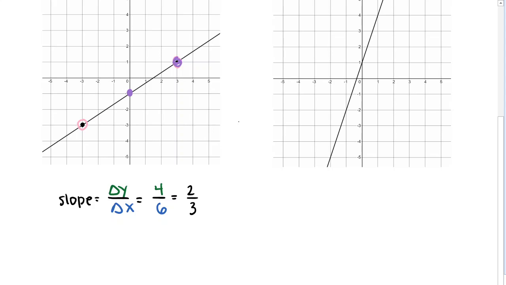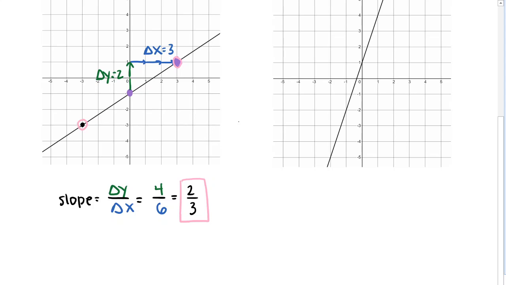Maybe you chose this point out here, 3, 1. Well, we can also see that this slope between these 2 points would be, well, there'd be a delta y of 2 and a delta x, a change in x of 3. And so we get the change in y is 2 divided by the change in x is 3. We'd end up with this same slope.